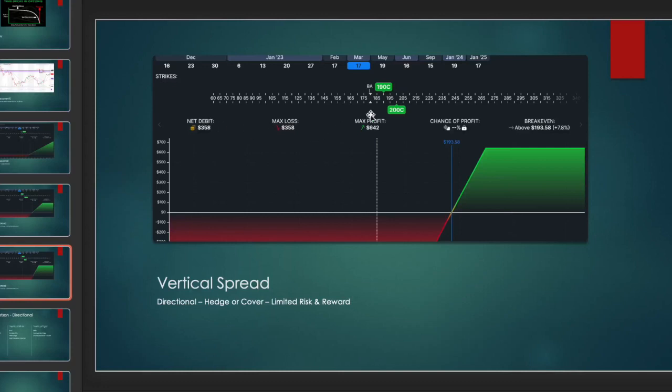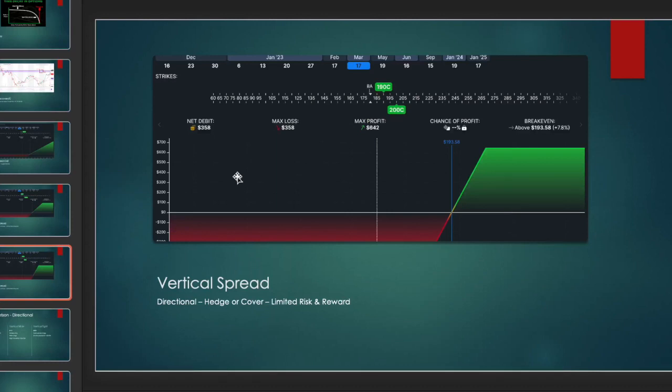You are getting those 190, 185 strikes, which are a lot more probable to end up in the money than if you get something like 225 or something like that, right? So that is the beauty of the spread, and in this particular case, the vertical spread.